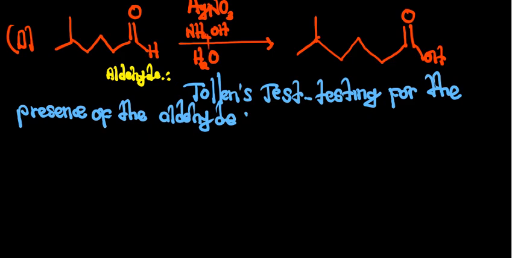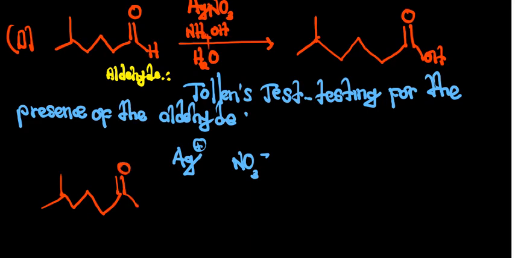But what is the general reaction mechanism? Let me show it. The reaction mechanism is very easy. We are having the silver there, which is positively charged, and then we're having the nitrate, which is negatively charged. So our structure is this. That's OH.